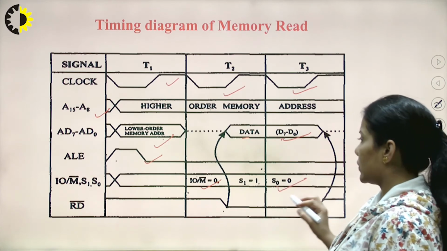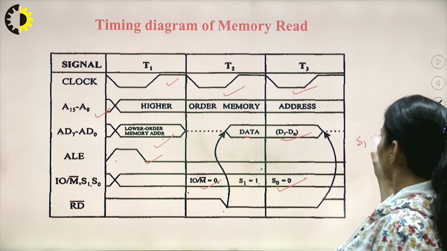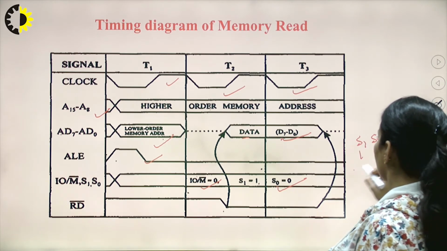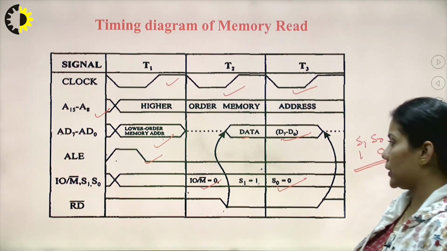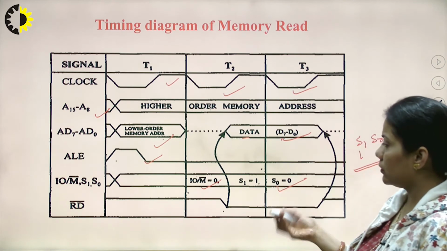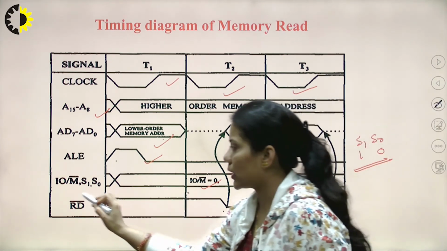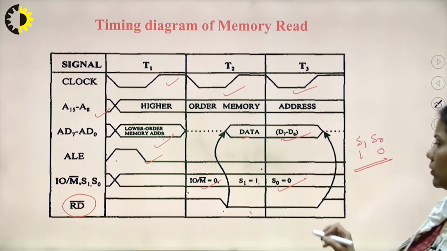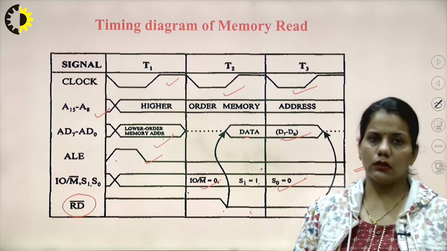Again S1 and S0: when S1 and S0 are 1 0, it means that the memory read operation is being denoted. Again during the data reading, the read signal is activated. Since this is active low, the read signal is activated by carrying the signal low.